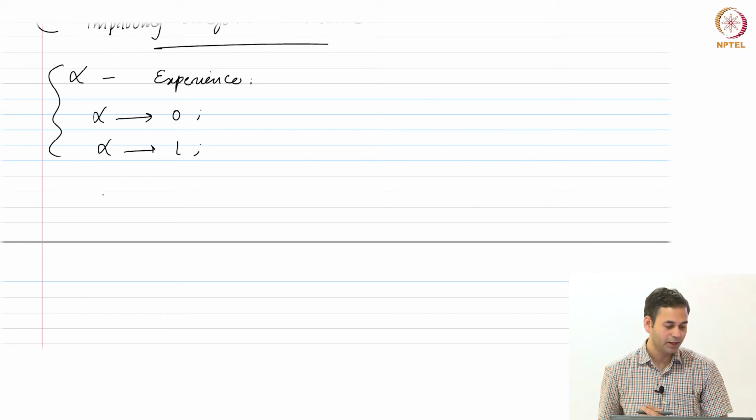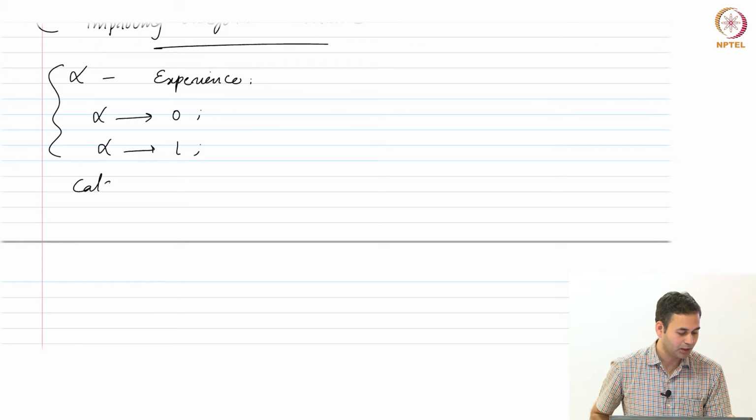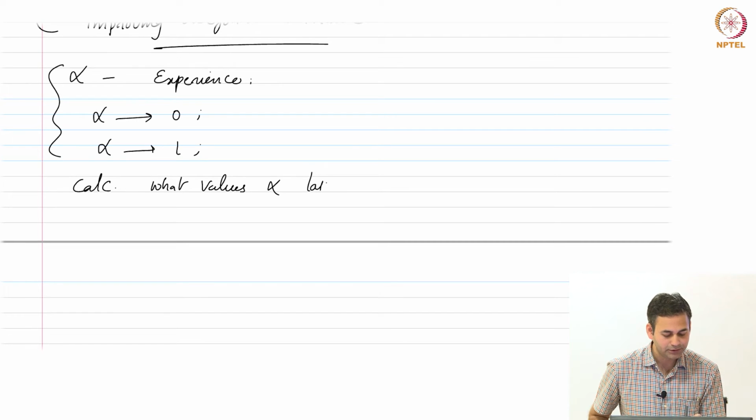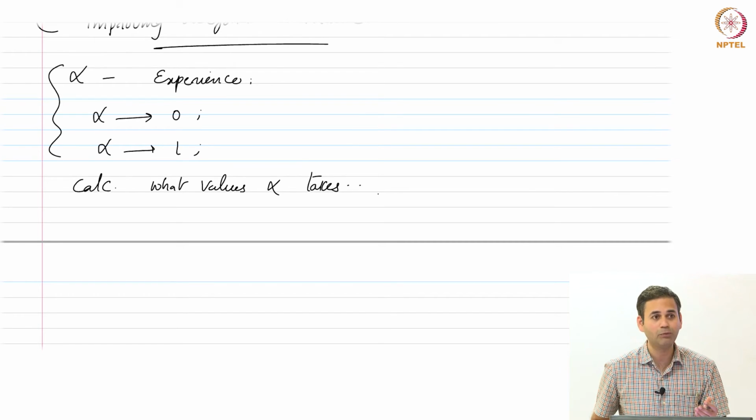All these things can be done, but many a times calculating what values alpha takes could be as complicated as actually calculating the solution itself, okay. That is like actually solving two problems.